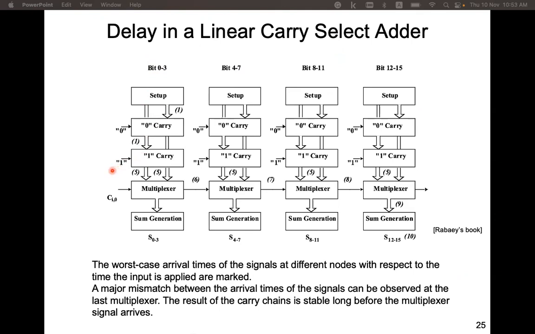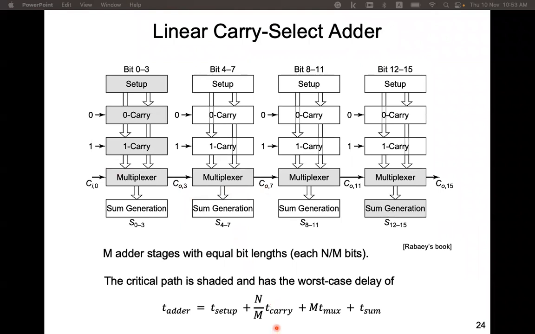Now let's assume this T carry, T multiplex, T sum, T setup, they are all equal. These logic blocks produce the same delay to simplify the analysis. The T setup, T carry, T multiplex, T sum, they are all 1 unit of delay.